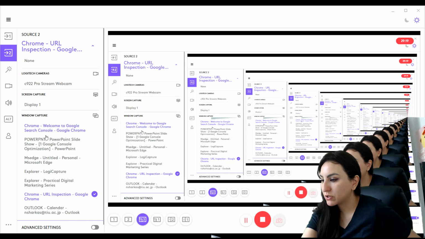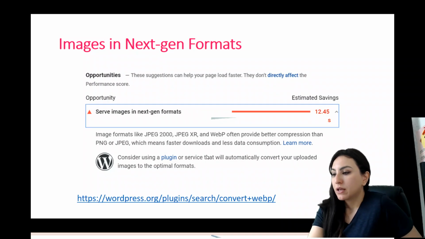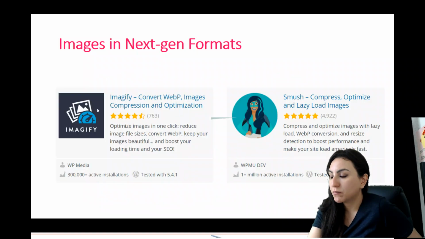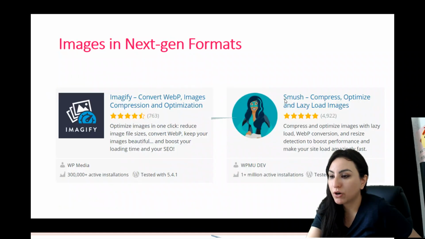All right, let me just go back to the PowerPoint. All right. So here we have the different plugins that could help you with the next-gen formats. And this is for deferring off-screen images. I like this Smush.